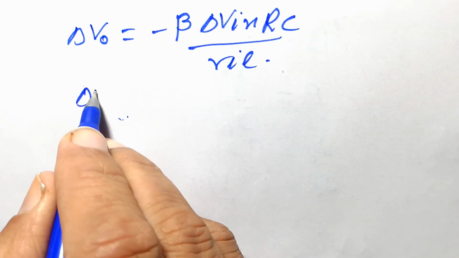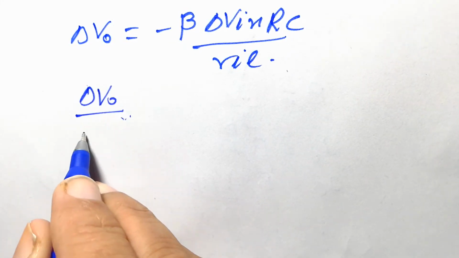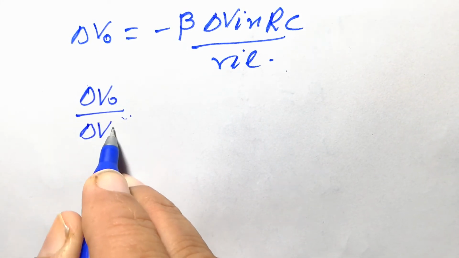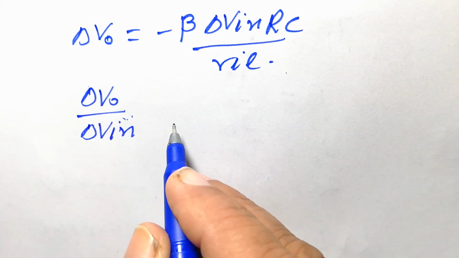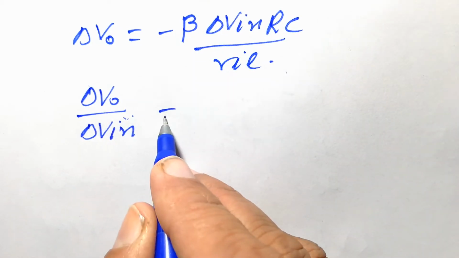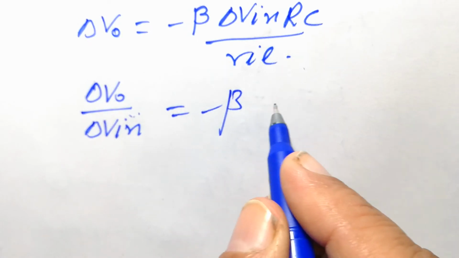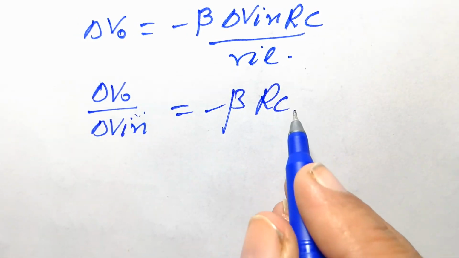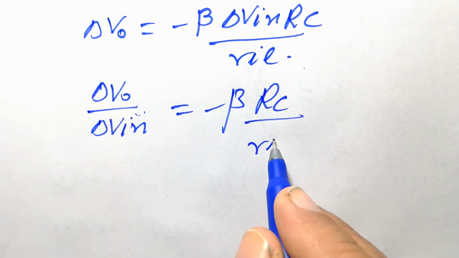So you can write delta V naught over delta VIN equal to minus beta RC over RIE.